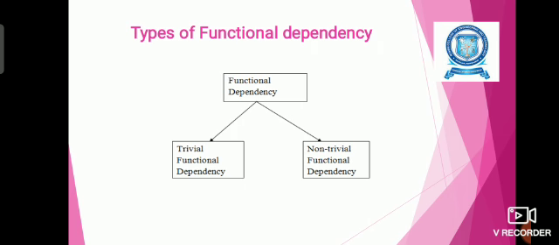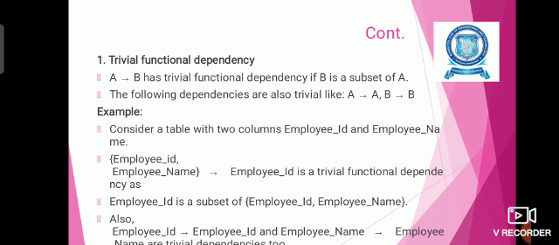Types of functional dependency. The functional dependency can be classified into two types: trivial functional dependency and non-trivial functional dependency. First, let us see about trivial functional dependency. A implies B is a trivial functional dependency if B is a subset of A. We can see the example.